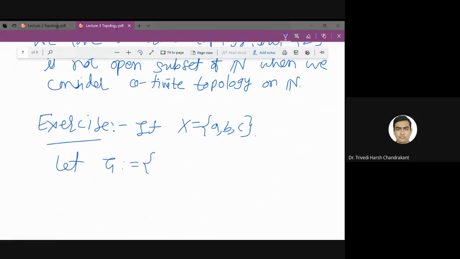Tau1 is phi, X (this whole set), {a}, {a, b}.